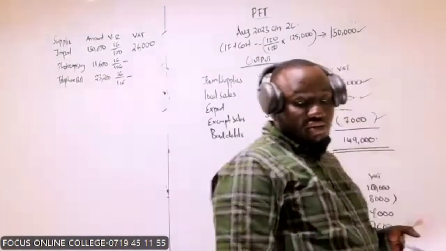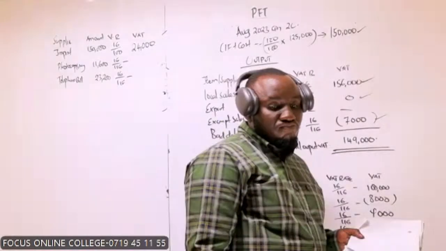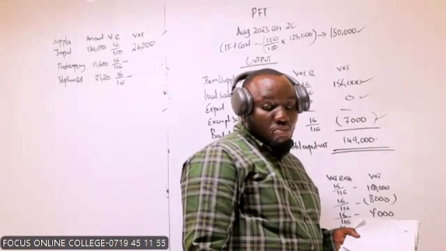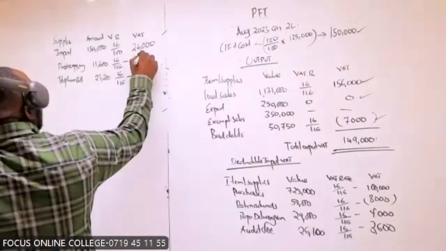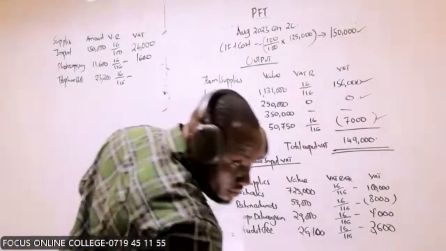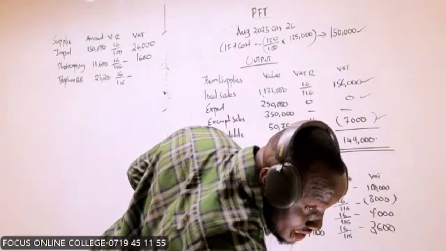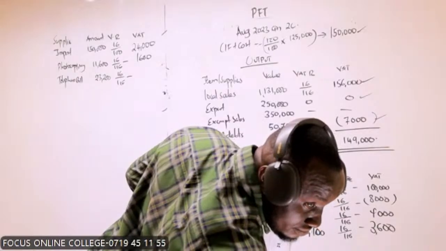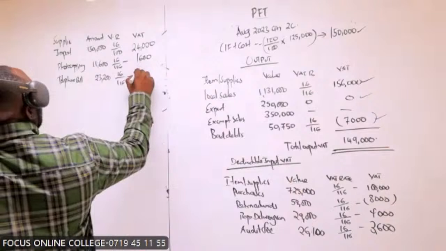How much is the VAT on that? Provide me please. So 1,600. What about telephone? Photocopying is 16. How much is telephone? So this says 32.